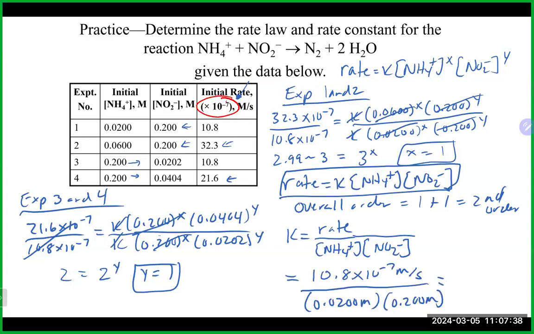And that's going to give me 10.8 times 10 to the minus 7 divided by 0.02 and divided by 0.2. And that will get me a rate constant of 2.7 times 10 to the minus 4. Unit-wise, molarity on top and bottom will cancel, giving us 1 over molar seconds, which we've seen a number of times for our second order reaction overall.